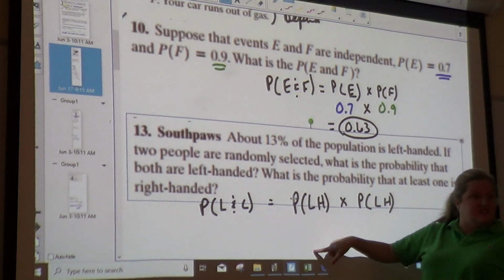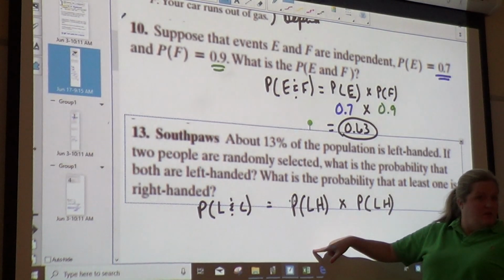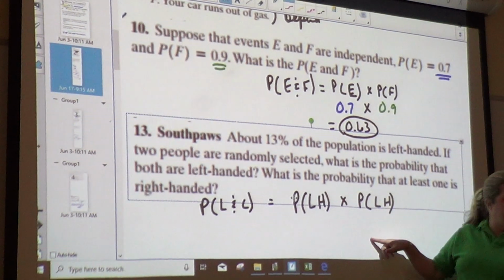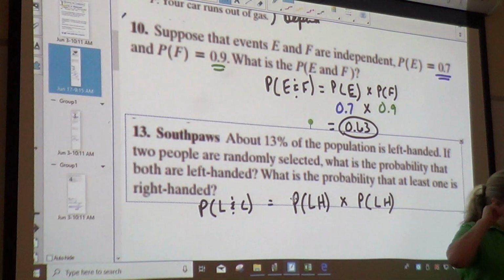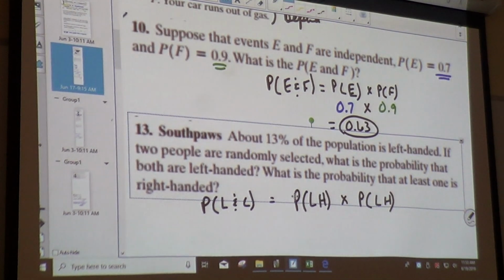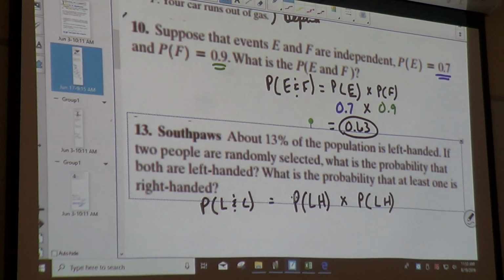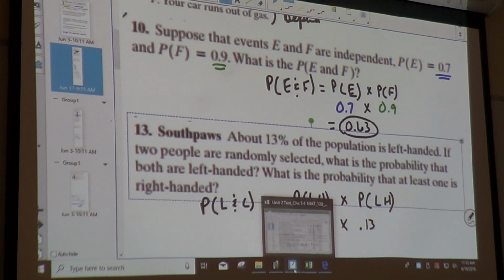13%, but we use it as a decimal, so 0.13, and the probability of a left-hander is 0.13. So 0.13 is the probability for the first person to be left-handed, and 0.13 is the probability for the second person to be left-handed.